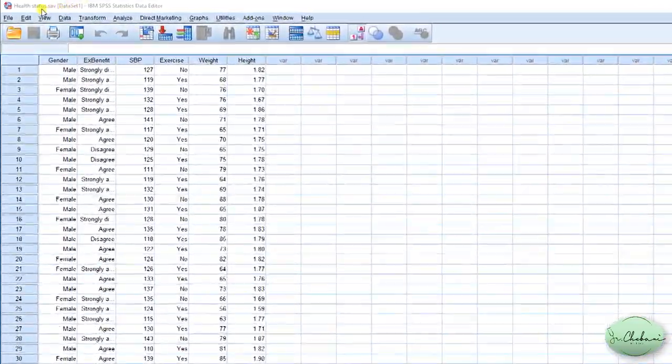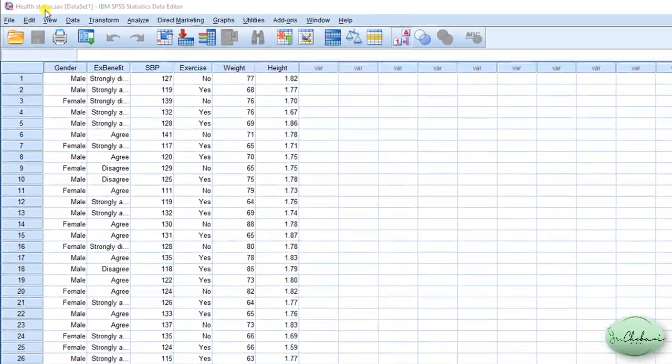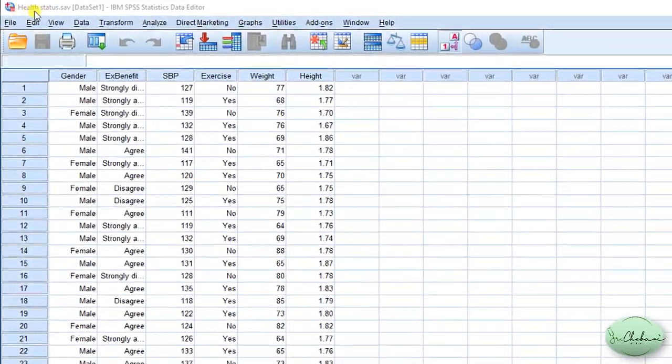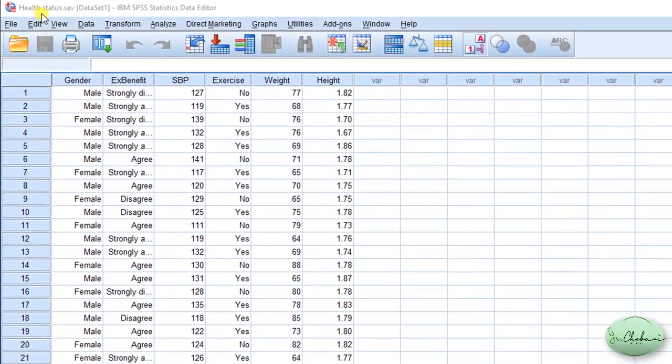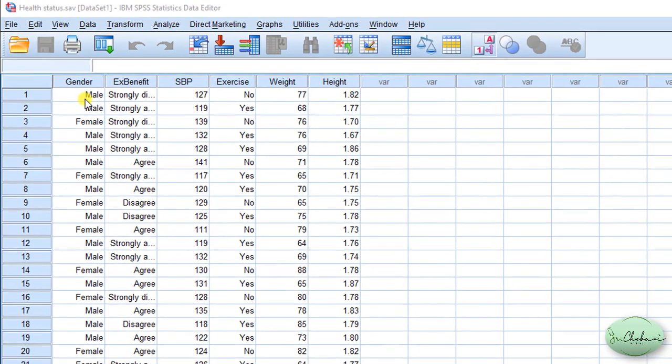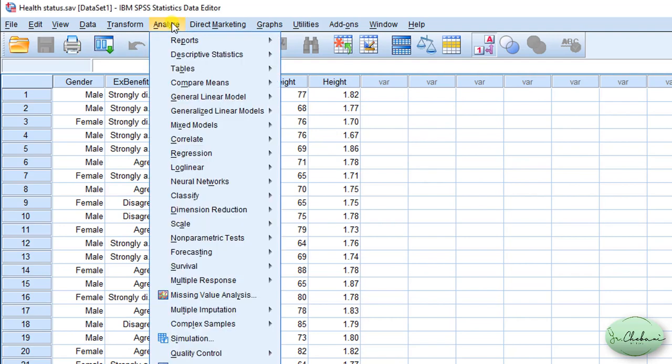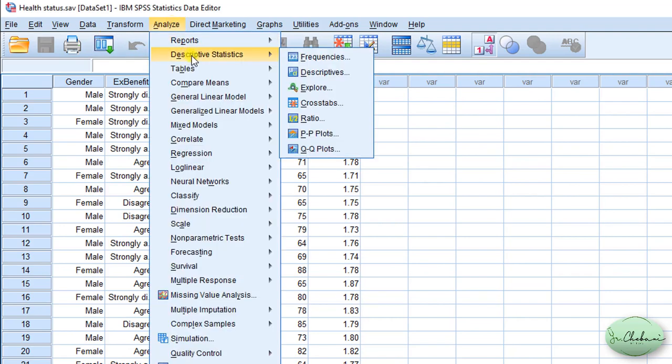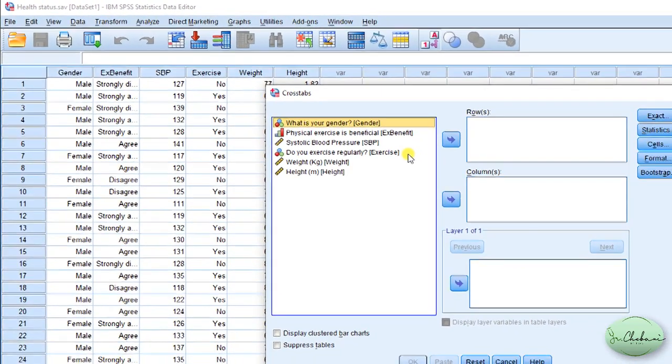The data file that we are using is the same one that we used for the previous video, which was part 1, and the data set is called health status. It has 6 variables: gender, X-benefit, systolic blood pressure, exercise, weight, and height. Okay, so to perform a chi-square test for independence, we go to Analyze, Descriptive Statistics, Crosstabs, because we need a cross tabulation, right?